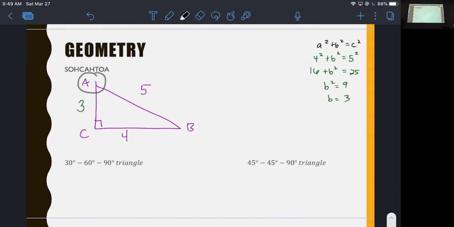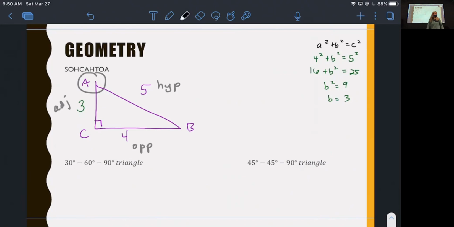Then you label the sides based on that angle. What side is opposite angle A? What side is across from angle A? 4. So I'm going to label this side opposite. What side is the hypotenuse? 5. The longest side, or across from the right angle, is the hypotenuse. Then the other side is the adjacent side. It's the side that's not the opposite and not the hypotenuse.